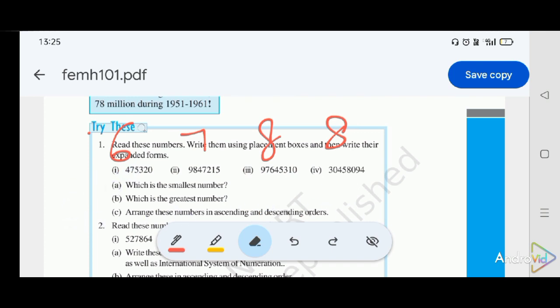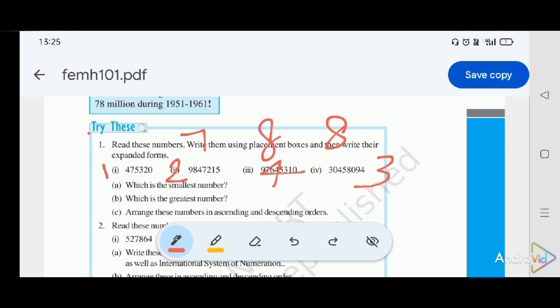Now we have to write these numbers in ascending and descending orders. In case of ascending order, the first number is first, the second number is second, this is the third number, and this is the fourth number.